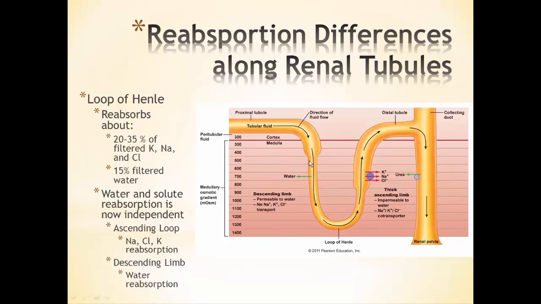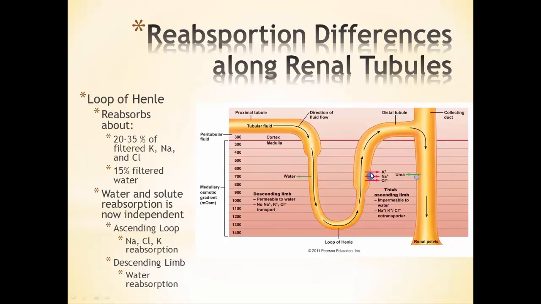Now, along the thin segment here, which is the descending limb and part of the ascending limb, is where you only see water being absorbed, whereas in the thick segment, which is part of the ascending limb, is where you see all of the ions being reabsorbed back into the blood. So we've just separated out where water and solutes are being reabsorbed.